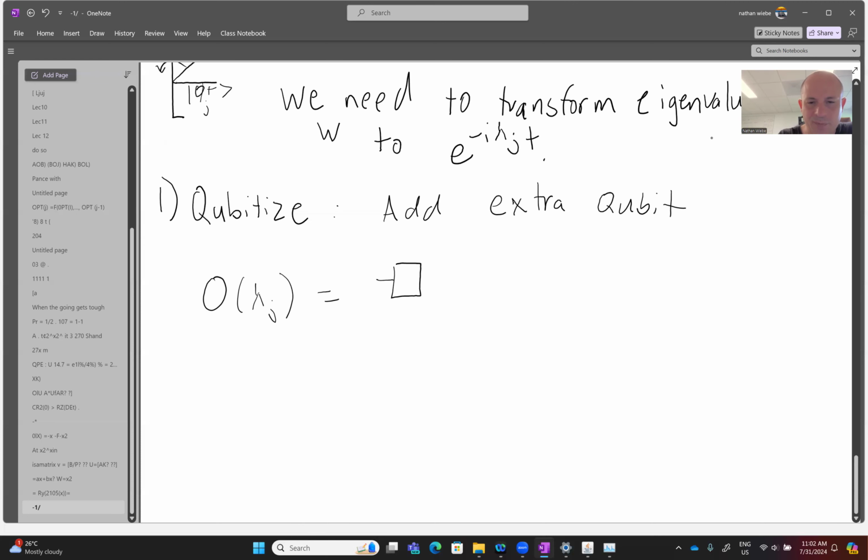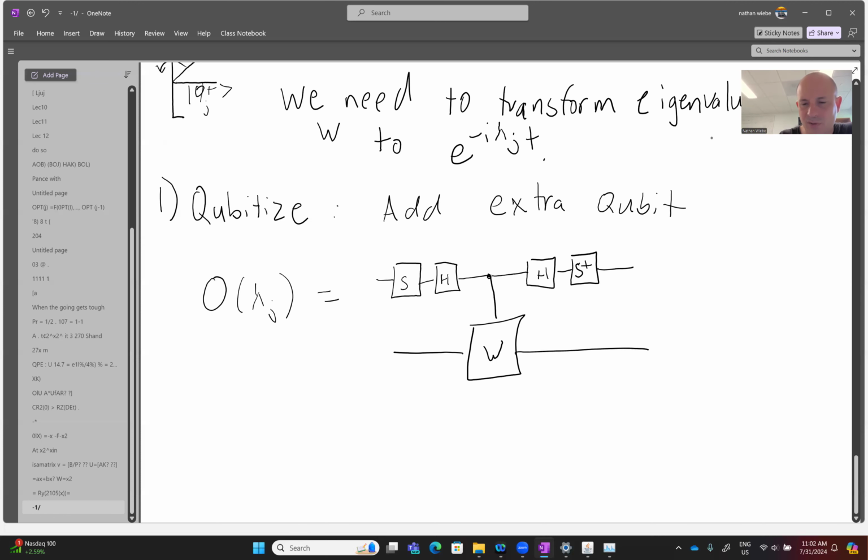It'll be an S gate followed by a Hadamard, followed by a controlled version of W, followed by an S transposed.